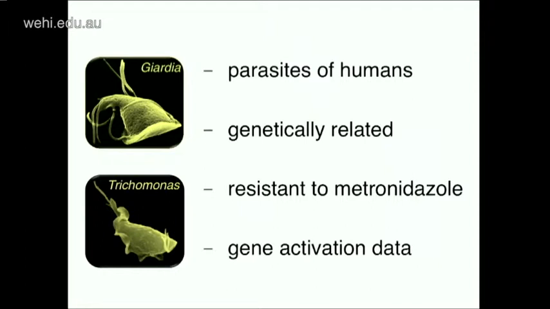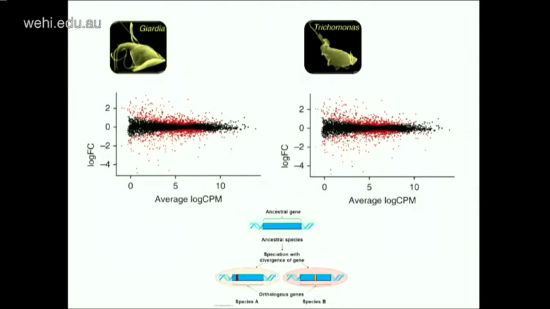So when these parasites become resistant to drug, they either turn certain genes on or they turn them off. And we can measure how active a gene is by sequencing the RNA, which is the messenger that's transcribed from a particular gene. So the classic kind of differential transcription analysis looks like this, where you have each of these dots representing a gene, or more specifically, the amount of RNA that has been sequenced, that has been transcribed from a particular gene.